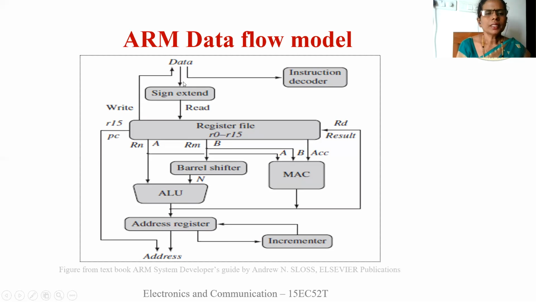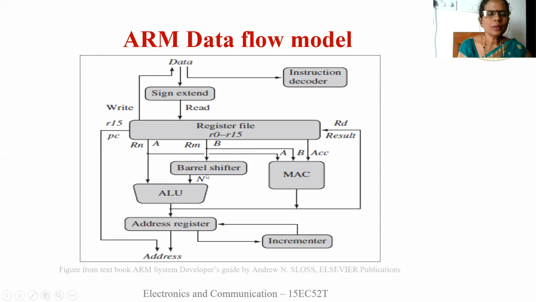Here you can check the direction. Data is coming towards the sign extend. Instruction is going to the instruction decoder. From the sign extend, the data is stored in the register file. And from the register file, 2 buses are coming, bus A and bus B. On bus A, the content is available in register Rn. On bus B, the content is available in register Rm.